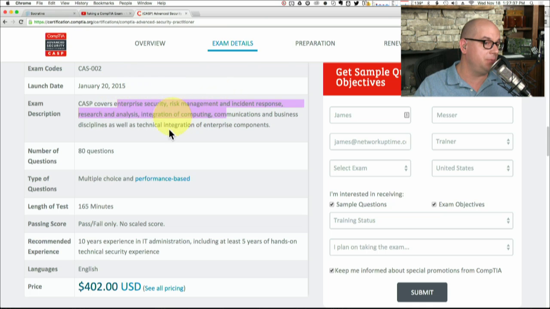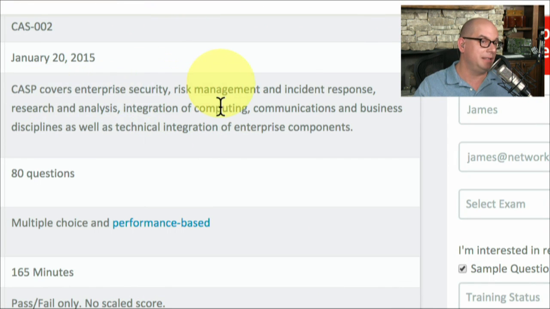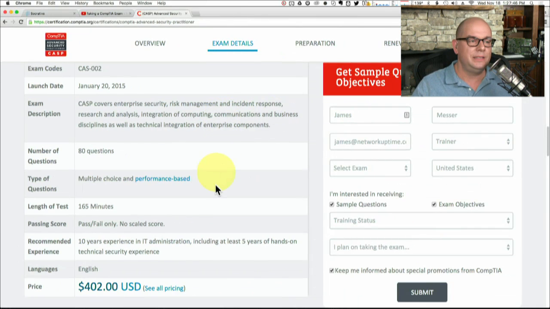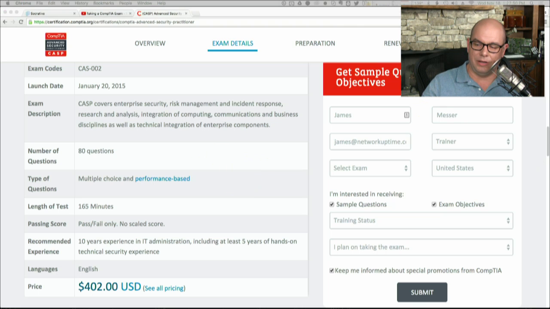So this is very detailed. Enterprise security, risk management, incident response, research and analysis, integration of computing, communications, and business disciplines, as well as technical integrations. This is CompTIA's way of getting into the more advanced security certification market. So that is one that they're really struggling with.